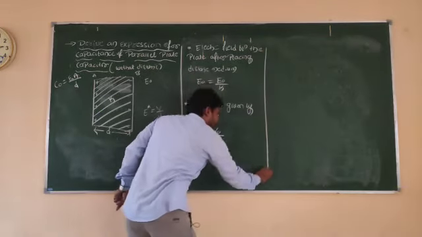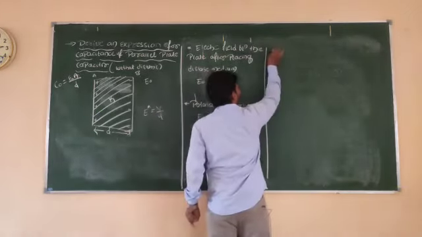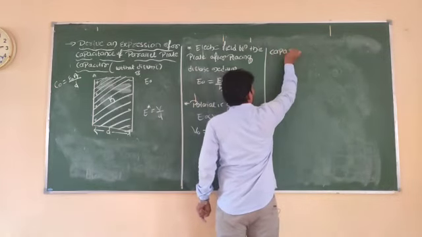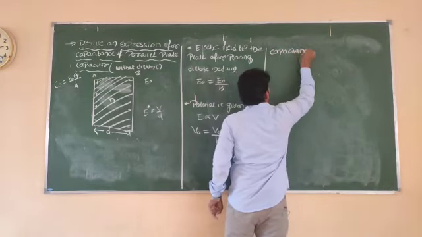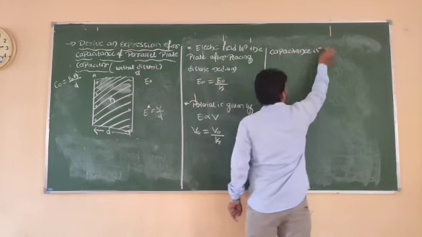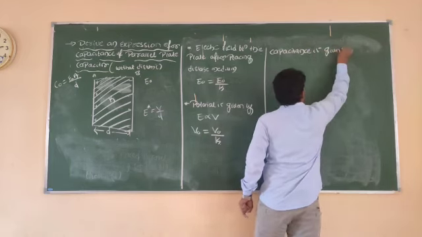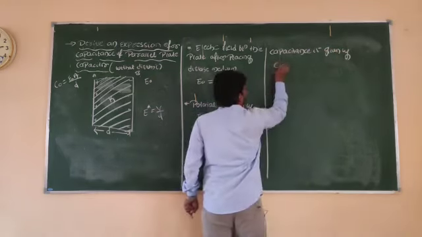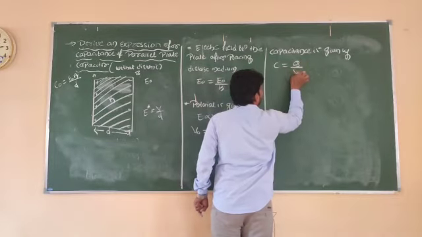So for the new capacitance, capacitance is given by C is equal to Q by V naught.